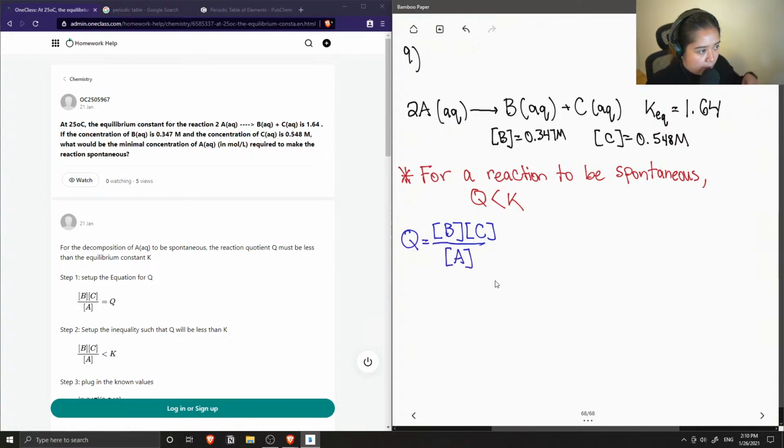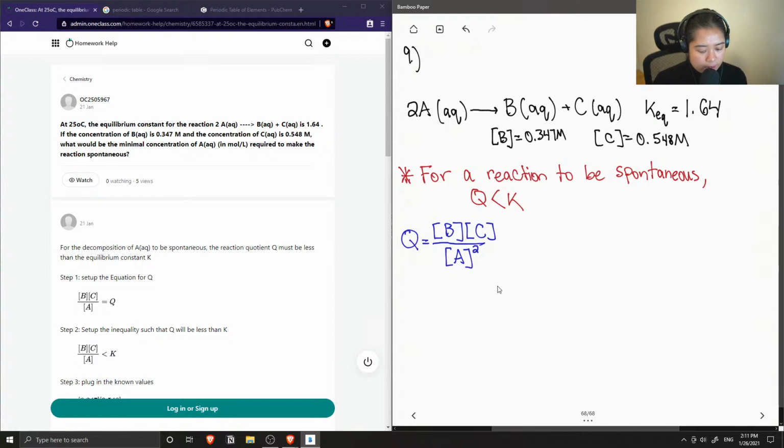So notice that the balanced equation has a coefficient of 2 in front of A, so that means in our Q expression, A has to be raised to the exponent 2.